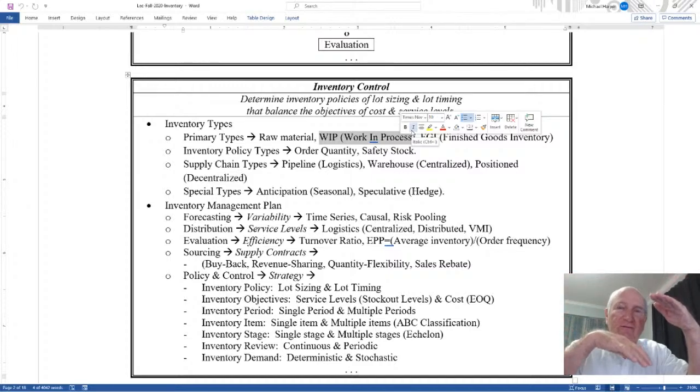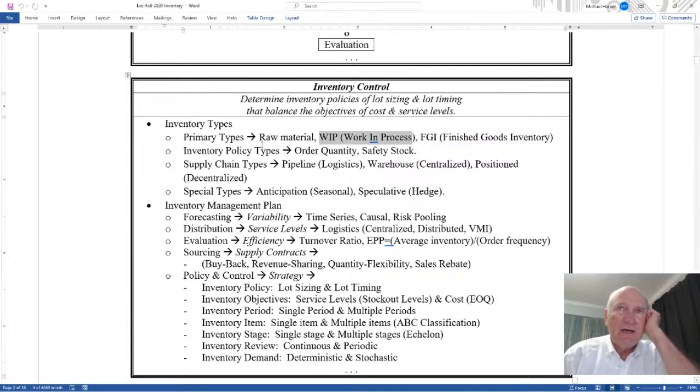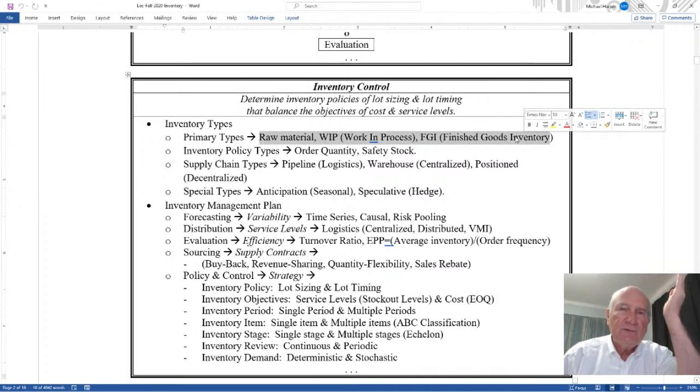If you have a very efficient, like just-in-time manufacturing, then all of a sudden you become a lean operation, and the WIP is low and becomes low cost and efficient. And so that's part of operations, but we'll be looking at the external primary types of inventory, external up and down the supply chain in this course.